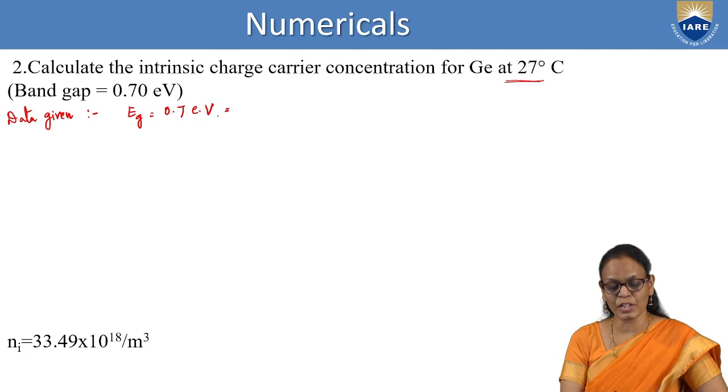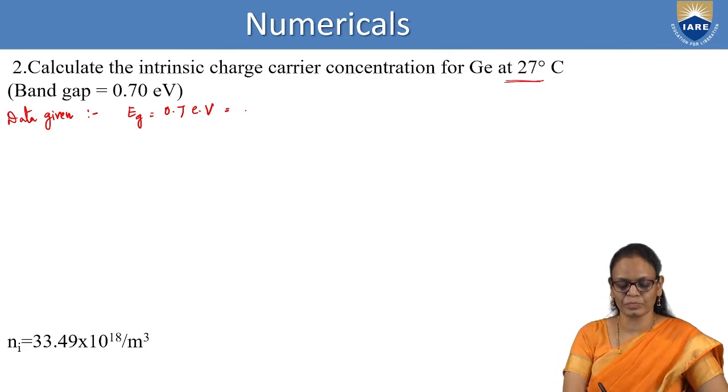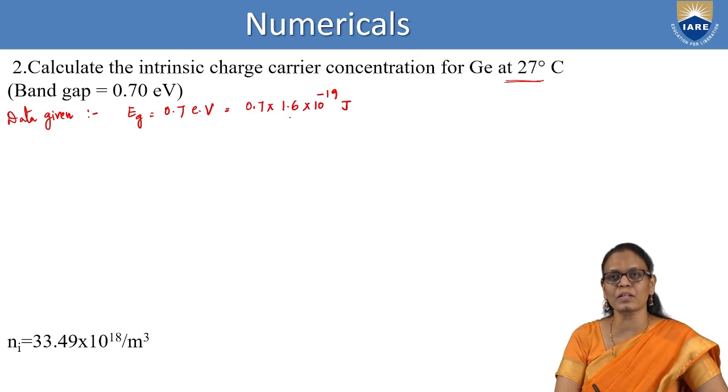So we will convert it into joules by multiplying it with 1.6 into 10 power minus 19, because 1 electron volt is equal to 1.6 into 10 power minus 19 joules. So Eg is given by 0.7 into 1.6 into 10 power minus 19 joules.